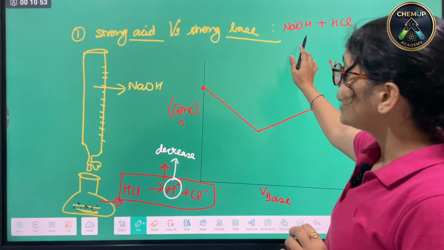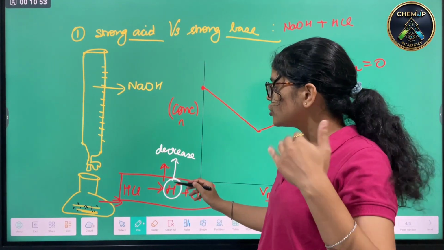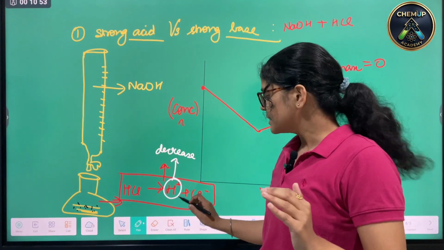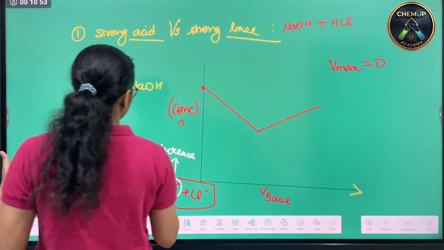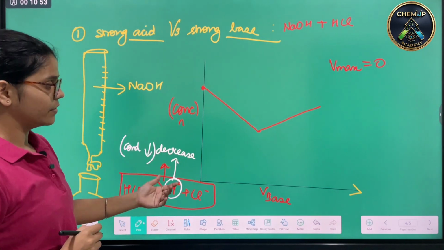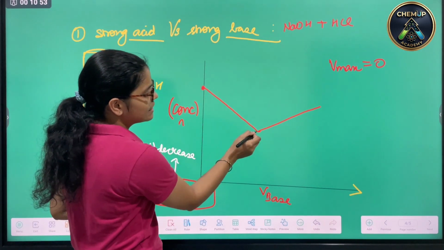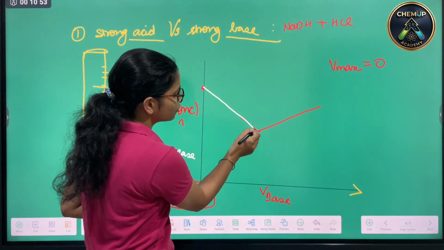Now we are adding NaOH, due to which the neutralization occurs and H ions decrease. Due to decrease in the number of ions, our conductance decreases. Therefore, we can see this line of conductance decreases.